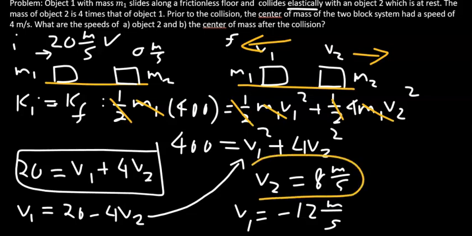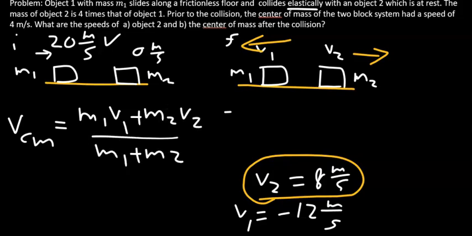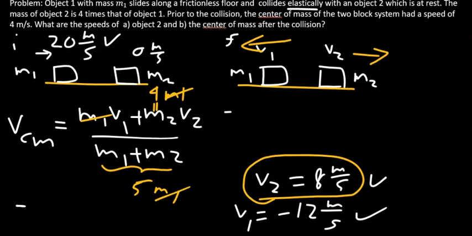So this is the speed of object 2 after the collision. The speed of the center of mass after the collision is m1 v1 plus m2 v2 over m1 plus m2. You see that m2 is 4m1, so the denominator becomes 5m1. m1 goes away. Using these values for the v's, you get 4 meters per second. And that's the answer.